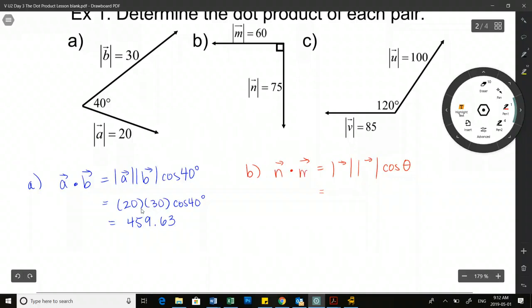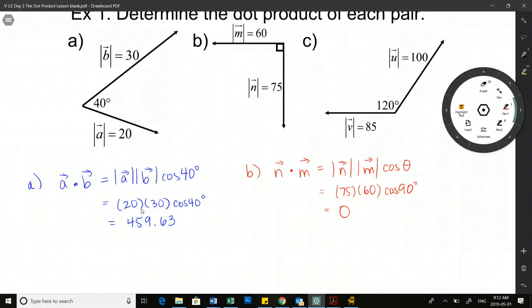We'll do n dot m. Again, order of these should not matter, but watch what happens when I sub these things in. I do 75 times 60 times the cos of 90, and the cos of 90 is 0. So what ends up happening is I have 0 components of this that are strengthening one another. In fact, they're not strengthening one another at all.